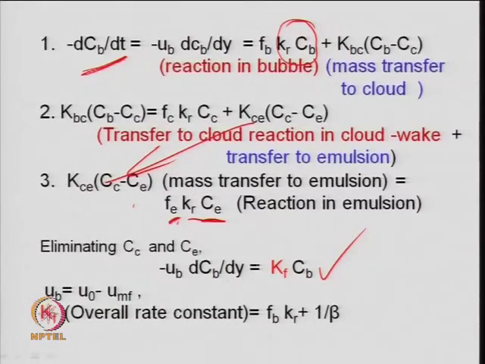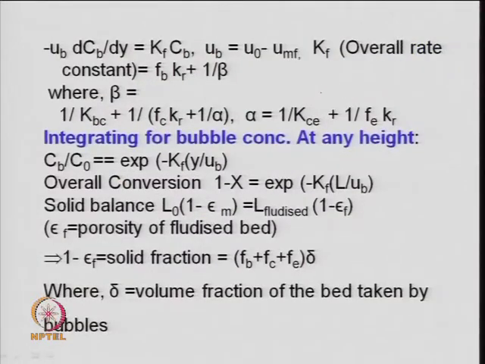One can integrate this equation easily and find out how the concentration changes down the fluidized bed reactor. This Kf is represented as Fb times Kr plus 1 by beta, which is nothing but the constants obtained from this. So, Fb times Kr plus 1 by beta.